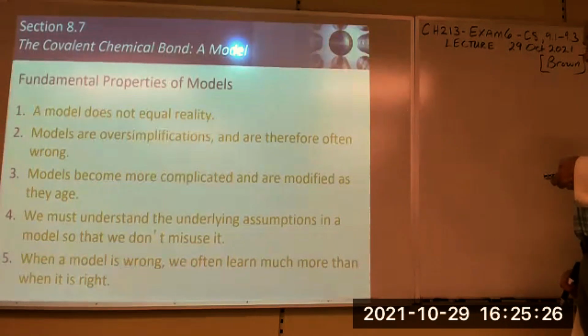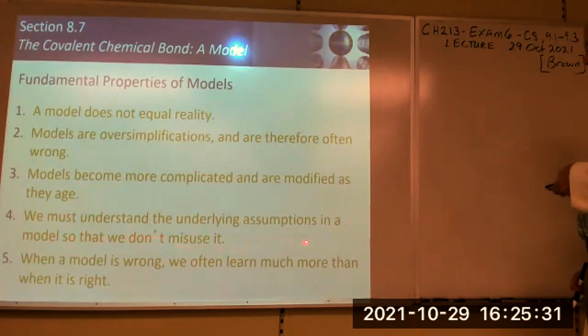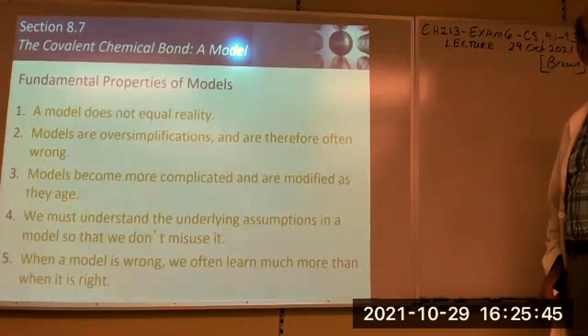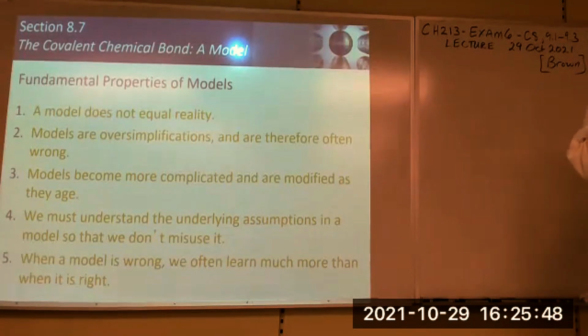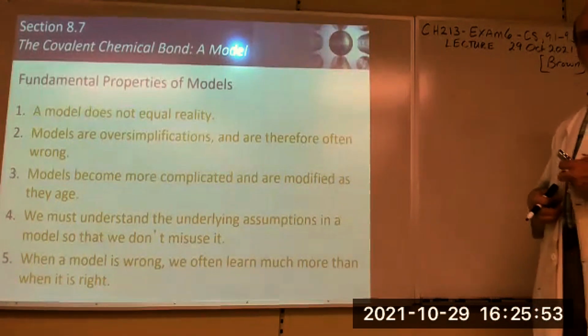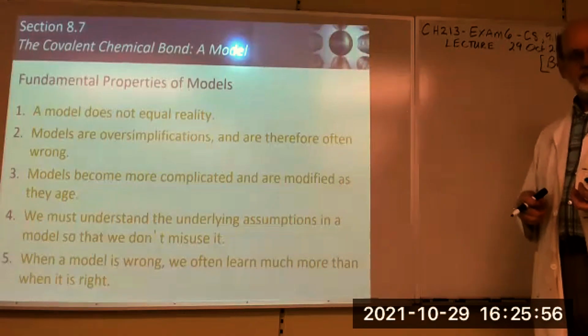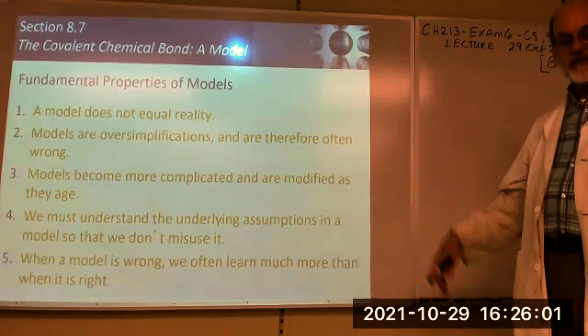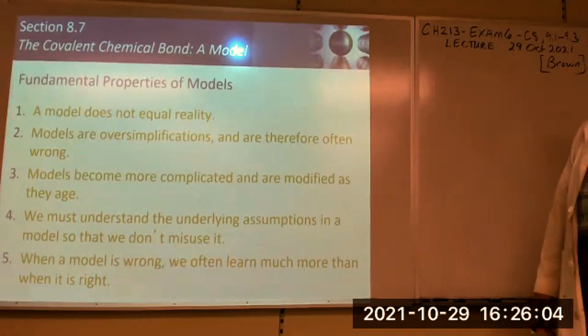And never forget that it's not reality. So we have to understand any underlying assumptions that are made in the creation of the model. Like, if we talked about the kinetic molecular theory of gases, there are some assumptions that are made when that model is proposed that are relative to ideal gases. So whenever you deviate from ideal behavior, then the model's not as effective in explaining what's happening.